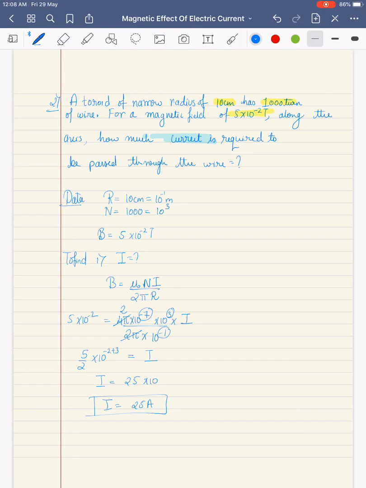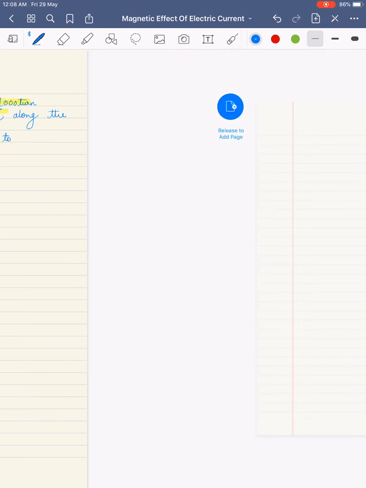I'll be giving you 2 sums to solve. Okay, that is question number 3 and question number 4. So just look over here.